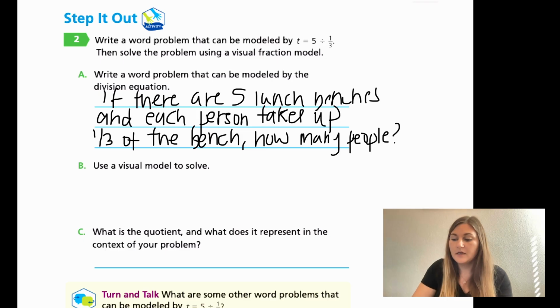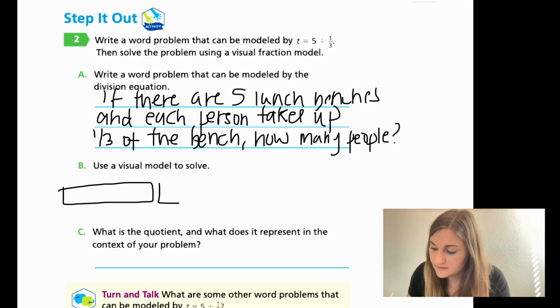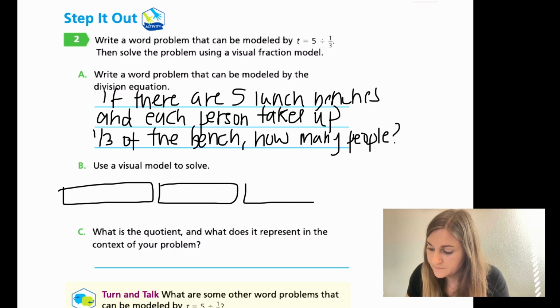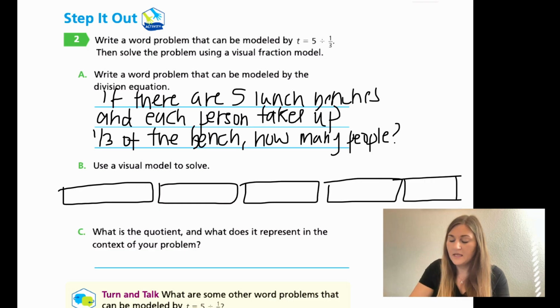All right, so now we want to use a visual model to solve. And they are benches, so I decided to go rectangles for this specific problem. So I'm going to draw 5 rectangles to represent my benches. Then I need to divide them into thirds.